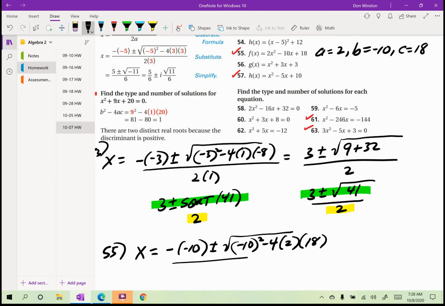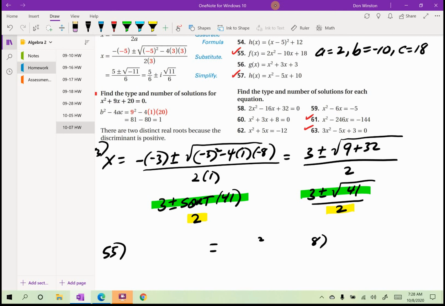Oh boy, this is a big one here. Oh, hey, let me do this. I'm going to make that a lot easier. I see right now I can divide everything by 2. Again, I always like these good mistakes, because if I make it, then it's good for you.